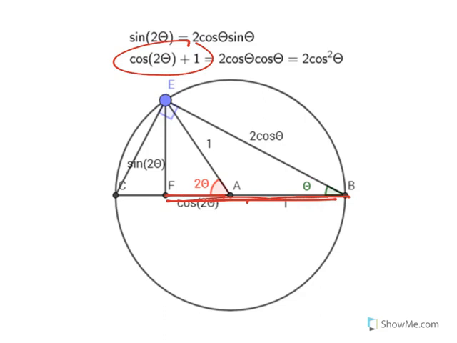But on the other hand, if I didn't know that, and I instead was just looking at this blue triangle, I would say that that blue triangle has a hypotenuse of 2 cosine theta.